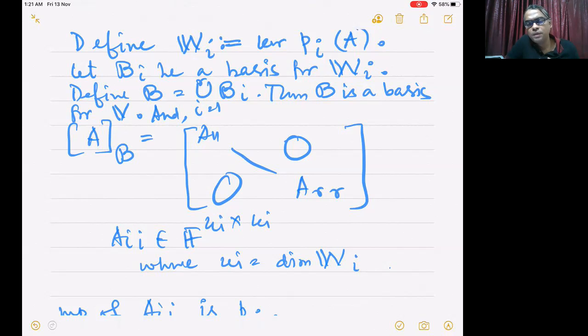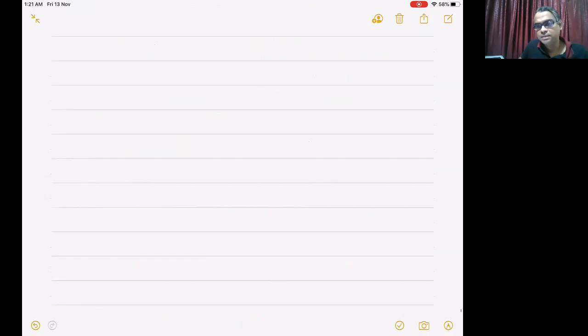Because they're pairwise co-prime, their direct sum will be the whole space. Because they're invariant and give us a direct sum decomposition of the whole space, A represented under a basis coming from this decomposition would be a block diagonal matrix, where each block corresponds to one of those co-prime factors.